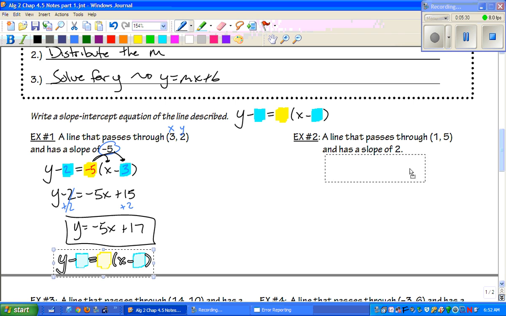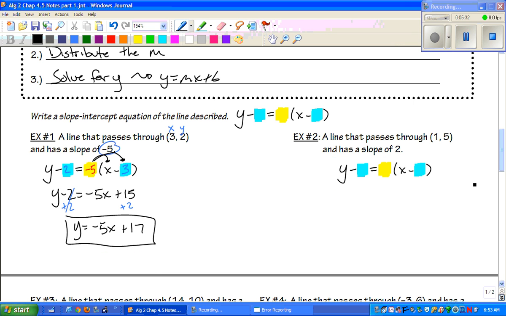Alright, let's go back. We're ready for the next equation. So a line that passes through (1, 5) and has a slope of 2. There's the x, there's the y; the y goes with the y, the x goes with the x, and then the slope is 2.